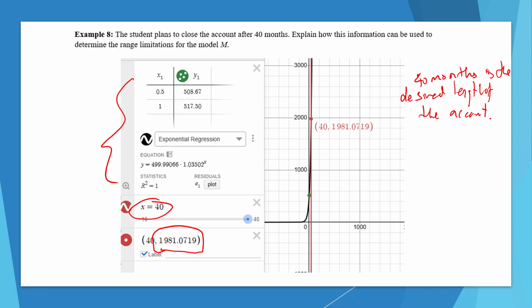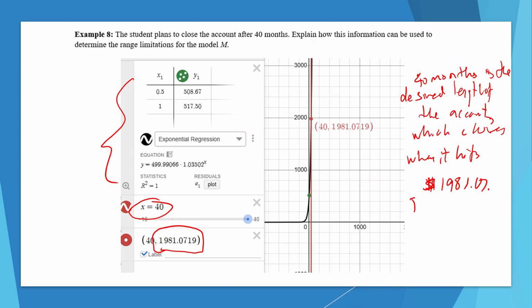The account will be closed when it hits $1,981.07.